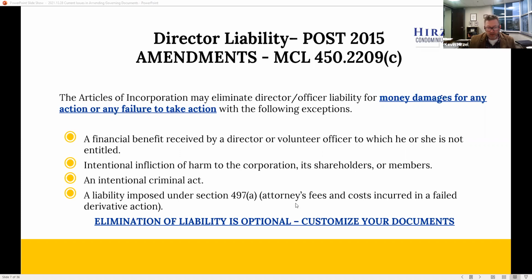And the elements that are not waivable are here. A financial benefit to which they're not entitled. So if John had kept that money, he would not be able to protect himself. Also an intentional infliction of harm to the corporation, an intentional criminal act, or, in certain settings, attorney's fees and costs incurred in a derivative suit. Those are non-waivable.